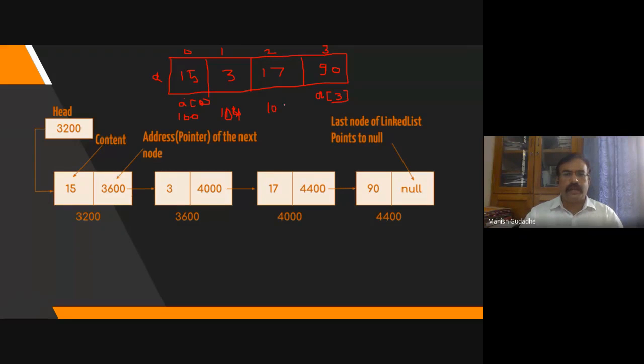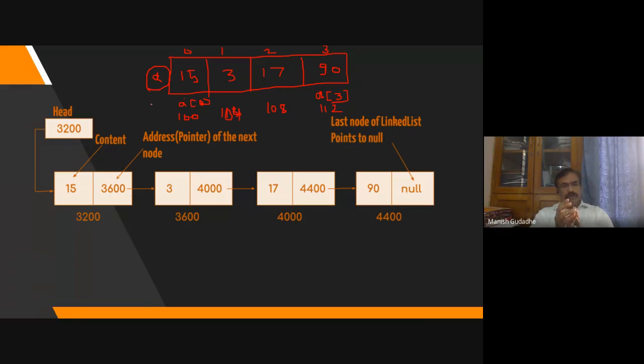This will have location 108, and this will have location 112. On which basis are we calculating? We are calculating it on the basis of the base address of this array. Base address is 100. Then at every fourth location, there onwards, we are going to have the next element of the array located. So with the help of the first element, I can access any of the elements in this array because they are sequentially stored, and also they are stored in a contiguous memory location.